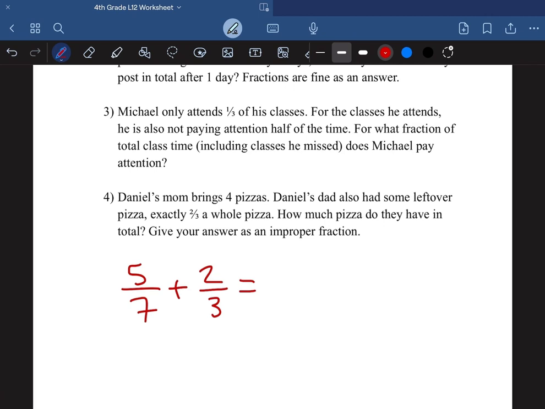So we would have to multiply the top and bottom of 5 over 7 by 3, which would get us 15 over 21, and 2 over 3 by 7 to get 14 over 21. And when we add those two together, we get 29 over 21.